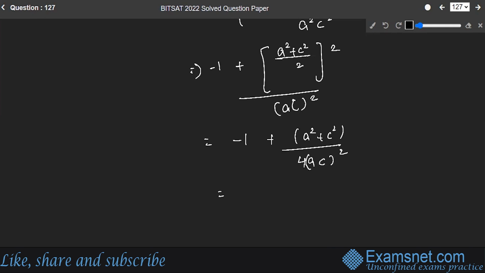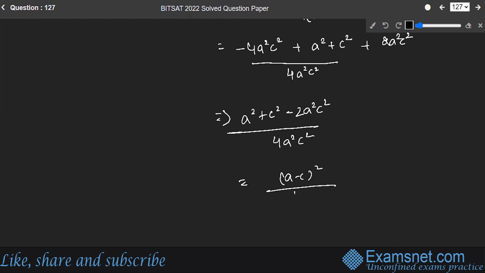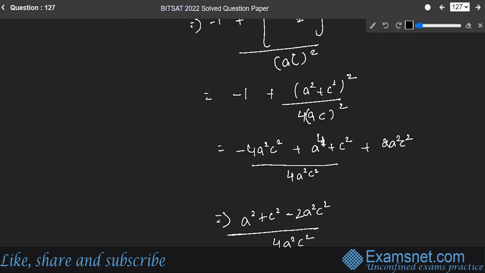Or let's take the LCM. You have minus 4 a square c square plus a square plus c square upon 4 a square c square. Okay, for the square, I will open up this as well. Okay, so this will be equal to a square plus c square minus 2a square c square upon 4a square c square, or this is a minus c whole square upon 4a square c square, or this will be, wait, sorry, this was supposed to be raised to power 4, okay, because I opened it up.